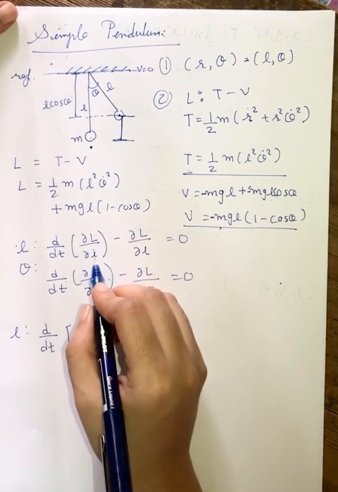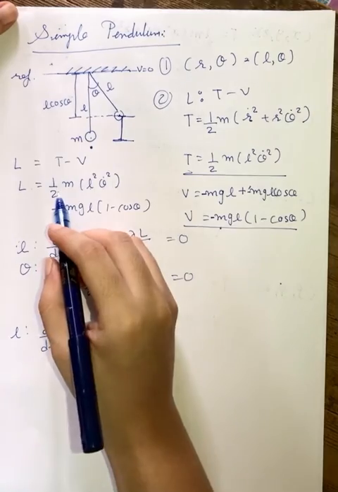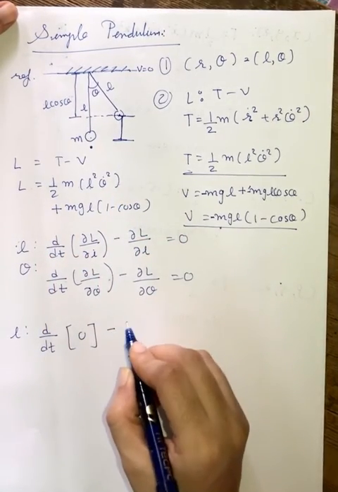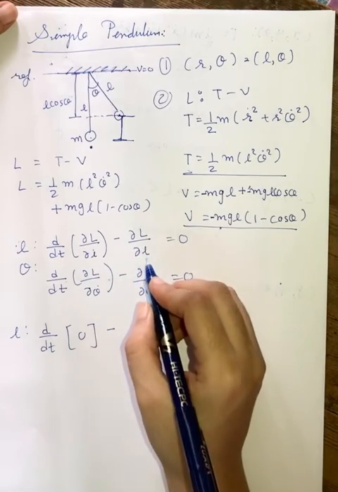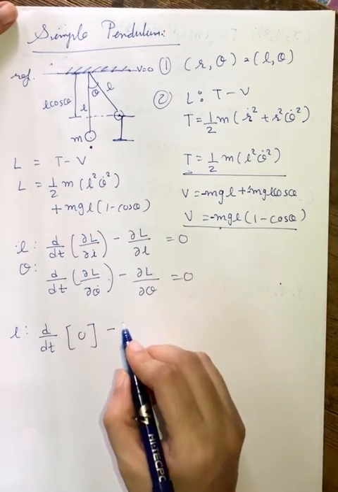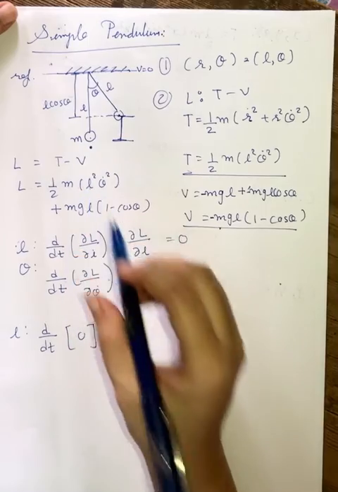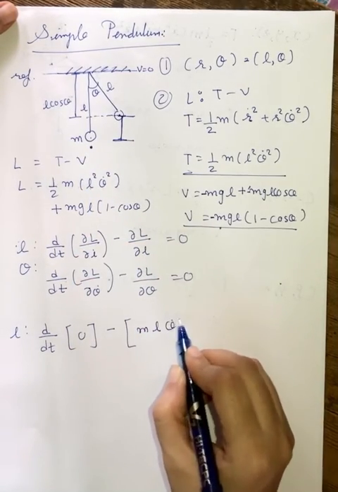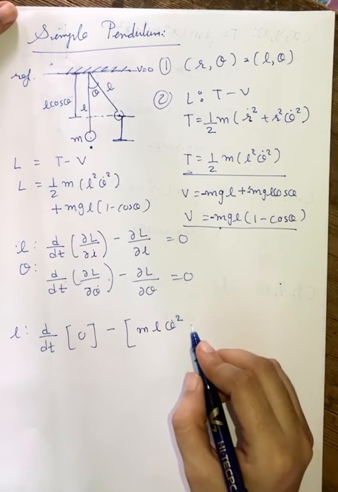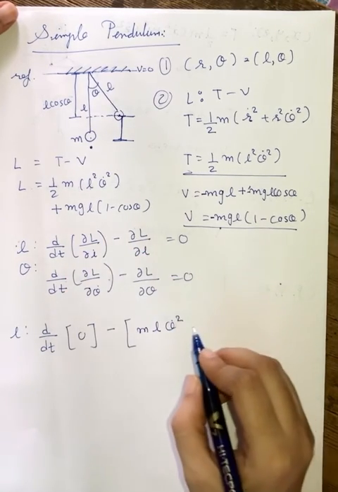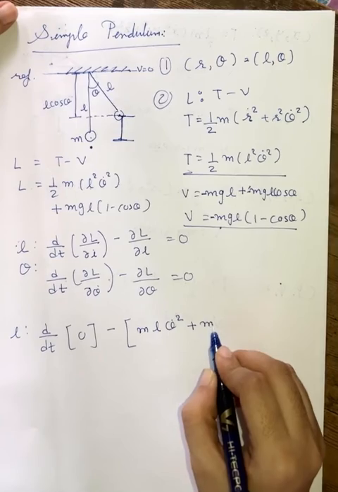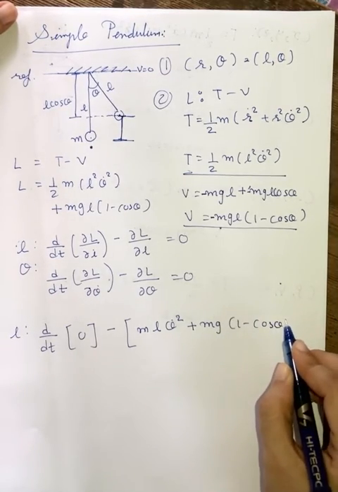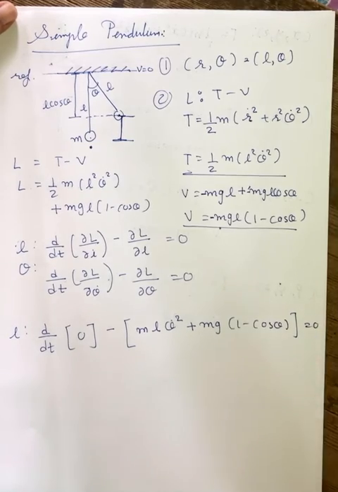Del L by del L dot: there is no term here containing L dot, so it will be 0, minus del L by del L. We do have a small l containing term, so it will be m L theta dot square plus mg (1 minus cos theta), and that equals 0.